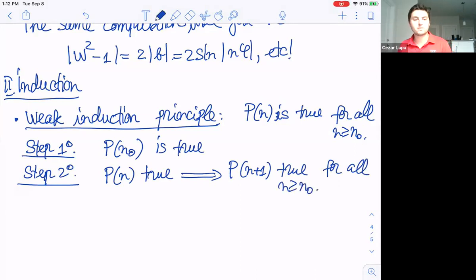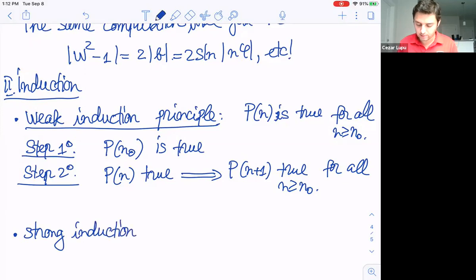That's the weak induction principle, right?